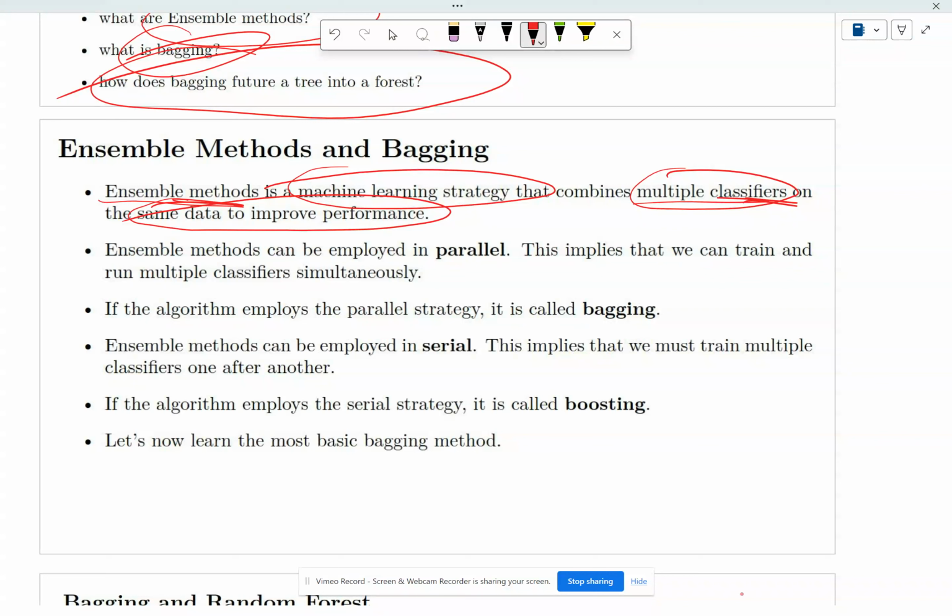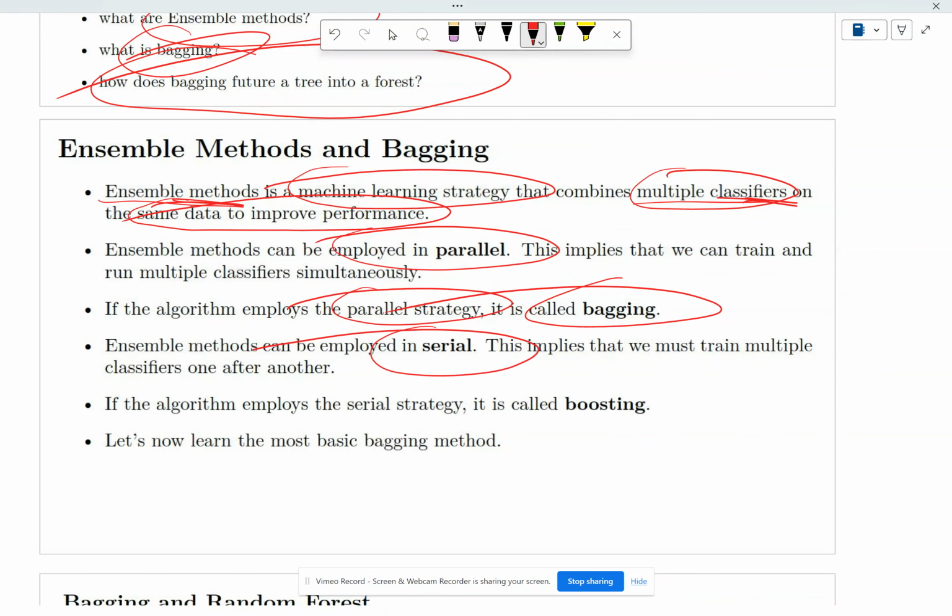Now, ensemble methods can be employed in parallel, so they are done simultaneously, or you can do them in serial. So you train one, take the output of one, and train the other one. If the algorithm employed is parallel, it's called the bagging strategy. Ensemble method can also be employed in serial. This implies that we must train multiple classifiers, one after another.